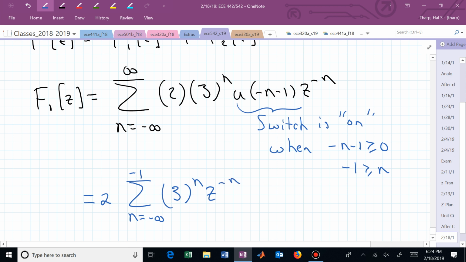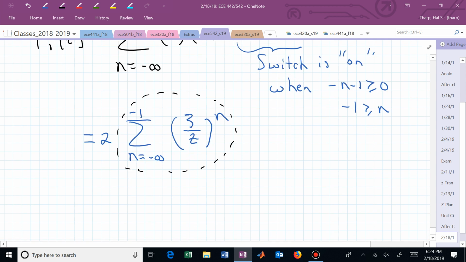Or I could combine that by just raising it to the power n by putting the z downstairs, and so I now have 3 over z to the n. We okay with that? Let's now not worry about that 2 for the time being and just try to find what this encircled expression equals. Let me call that S.